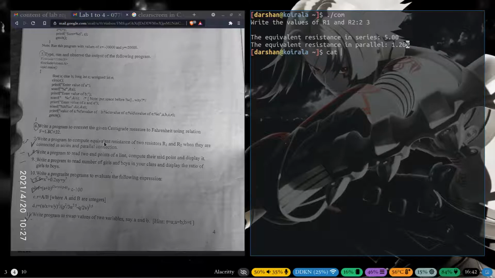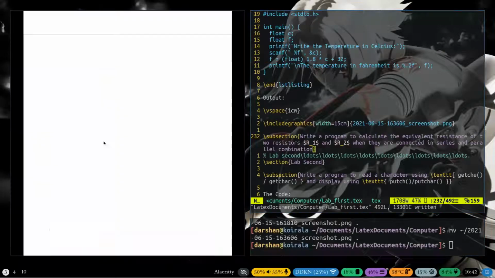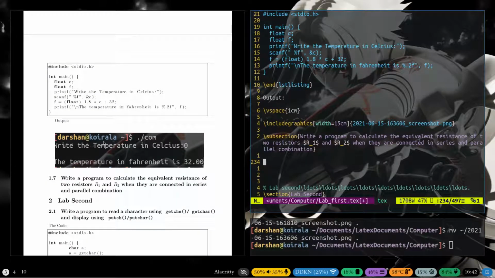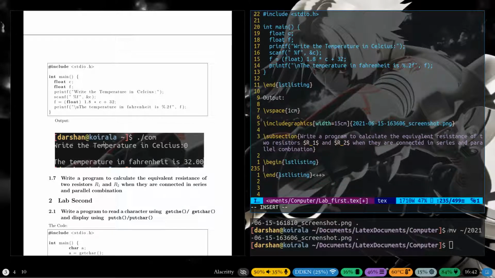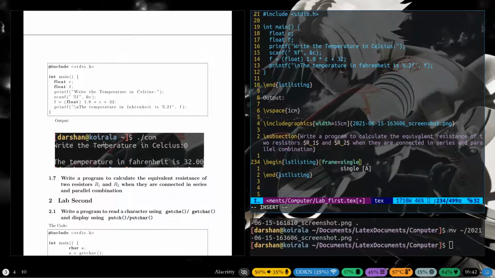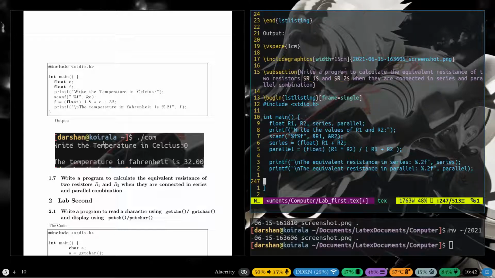Alright. Cat, copy. It is listing, LST. Frame single. Paste the code here.